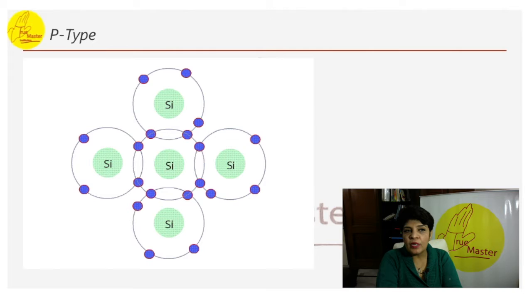Here the covalent bond is not complete because boron has only 3 electrons in the outer shell. So to fill the empty space, a nearby electron starts moving. Notice the holes are majority charge carriers here, while the electrons are minority charge carriers. The hole density is much greater than the free electron density.